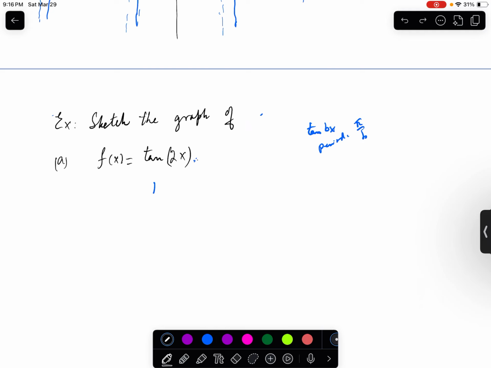To graph the function, remember, the period is pi over 2. There is no amplitude here.